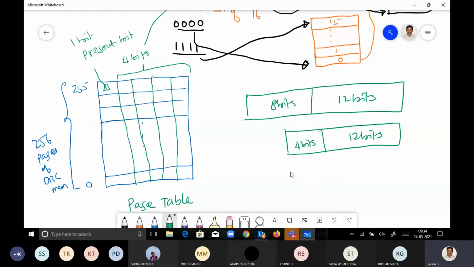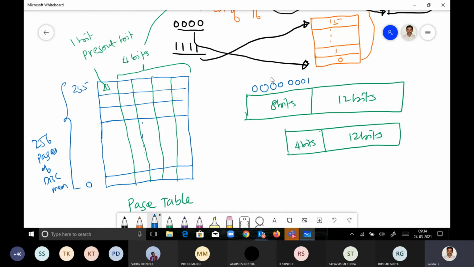Listen carefully, very interesting. Here we will have some combinations. Let me take one simple combination: 0, 0, 0, 0, 4 zeros, 1. So this is the combination available here.